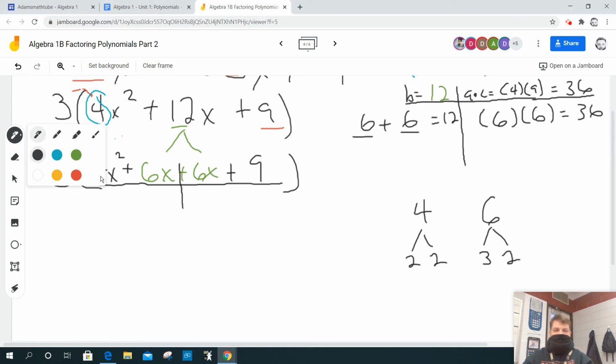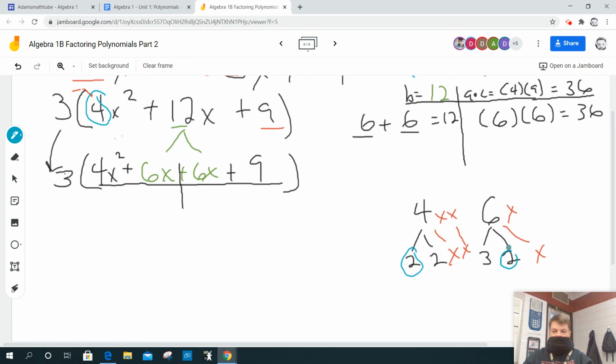Well, 4x squared is x times x, and 6x has 1x. So they have a 2 in common, and they have 1x in common. That's all. You got to have the pairs, right? So the greatest common factor for that is just 2x.